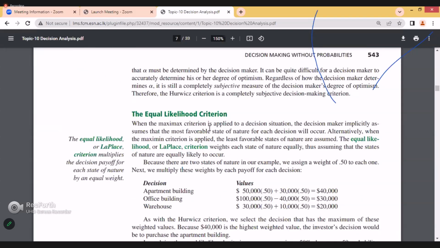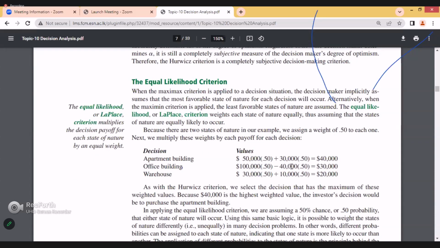So that is easiest. Then the other one is equal likelihood. Here, the weightage is given 50-50. Here also they say it's not the probability, it's a weightage. They are giving equal weight, 50-50. So for good economic conditions to happen, 50 weightage, not chances, weightage.